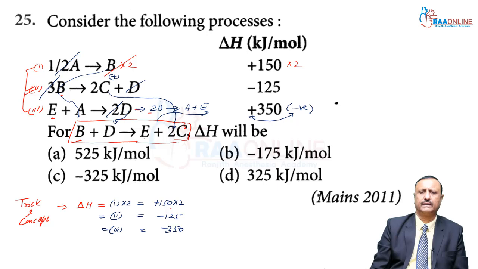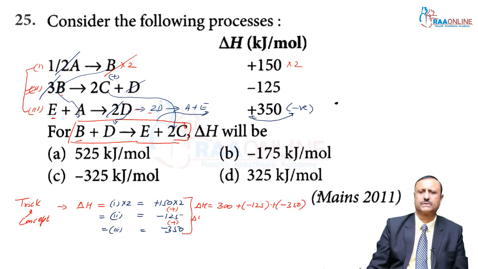When you add all the values, then my dear students, you can get the delta H. Now, 150 multiplied by 2, then you get 300, this is 300, and 300 plus minus 125 plus minus 350.